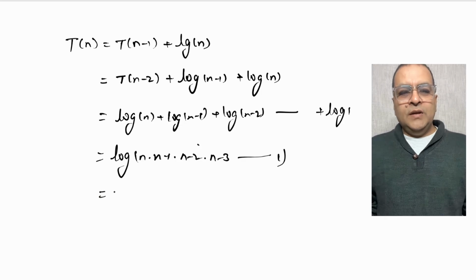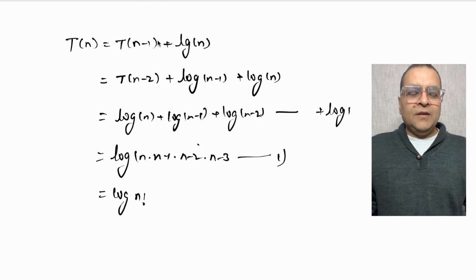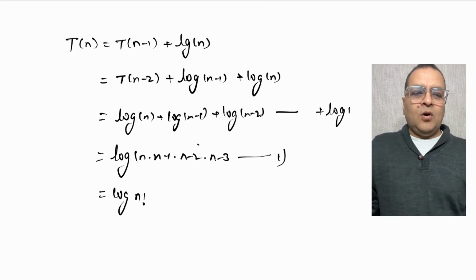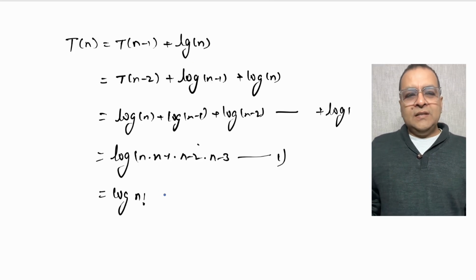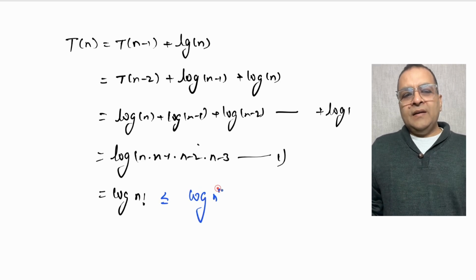So this comes out to be log of n factorial. We know that for n factorial, n raised to the power n is an upper bound of n factorial. So this is less than or equal to log of n raised to the power n, which means n log n.